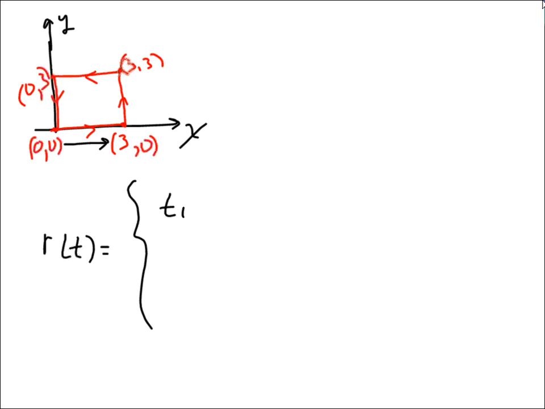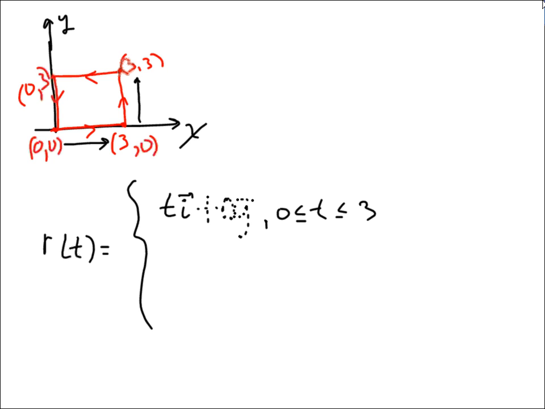Well, we can call it t i, going in the i direction, plus 0 j, and t goes between 0 and the number 3. That is always on the x-axis because you have 0 j's, and the x is just t, where t goes from 0 to 3.